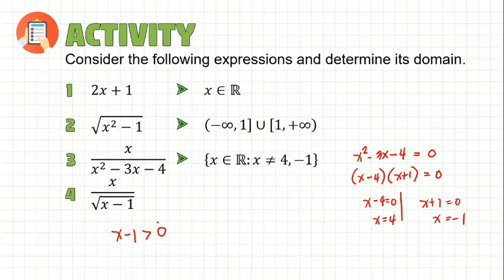So we will omit the equality sign. Okay? So we will have x minus 1 greater than 0. And this will follow that x is greater than 1. Thus, the domain of this expression is the set of all x element of real numbers such that x is greater than 1. Okay, so I hope that is clear.